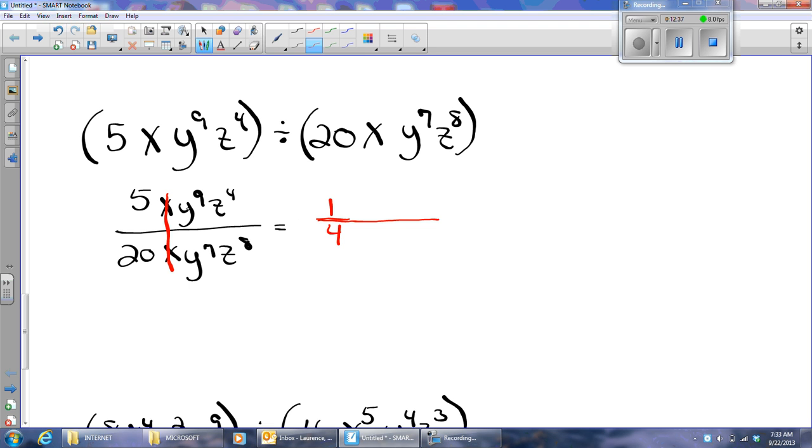Y to the ninth over y to the seventh. We'll have 9 y's in the numerator, 7 y's in the denominator. They're going to cancel, leaving a y squared in the numerator. Then, with the z's, I'm going to have 4 of these z's in the numerator, but I'm going to have 8 of them in the denominator.